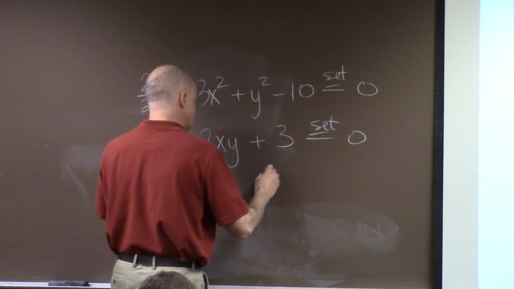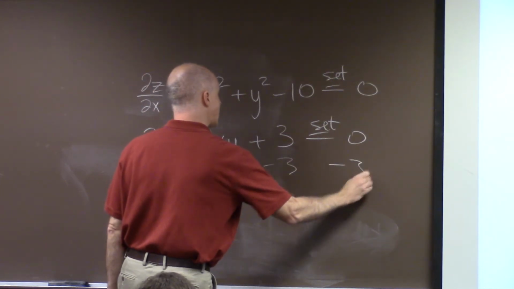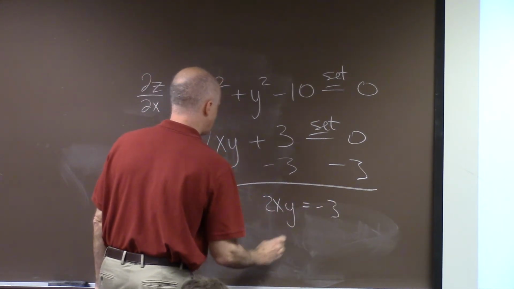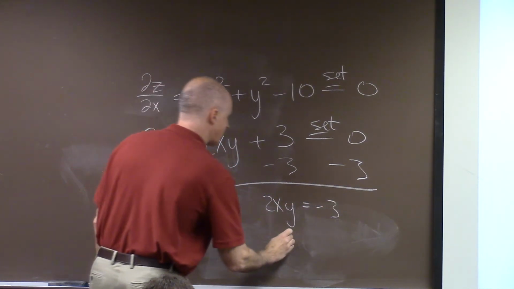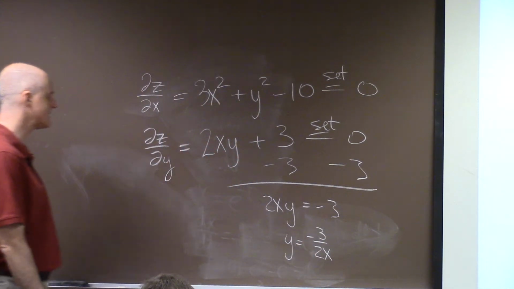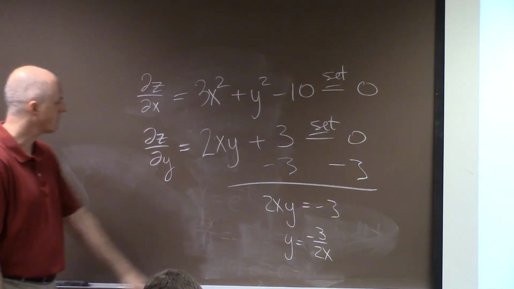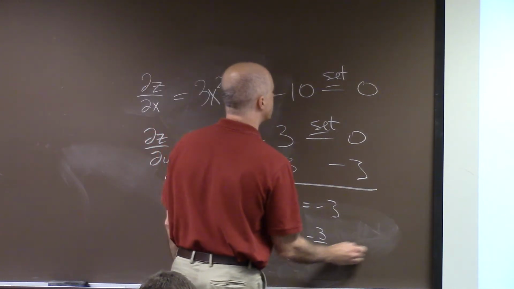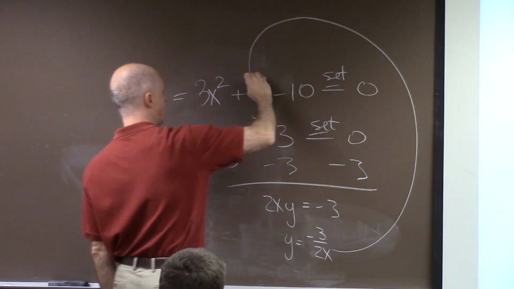If we subtract 3 from both sides here, get this, then divide both sides by 2x. As long as x is not 0, the critical point is going to have to satisfy that equation. Here, this can be plugged in here for y.